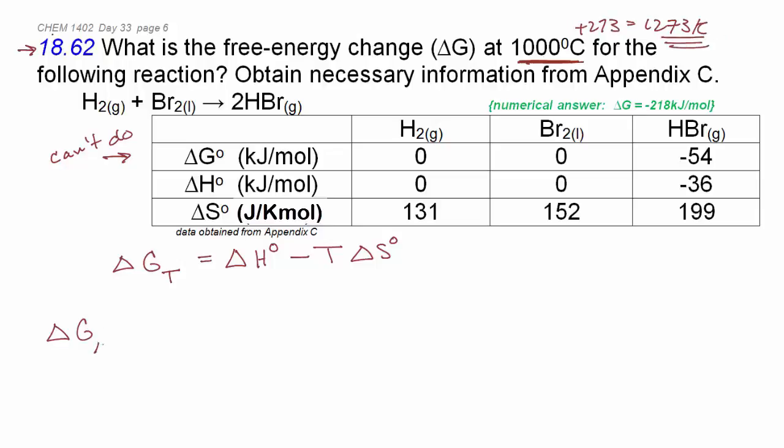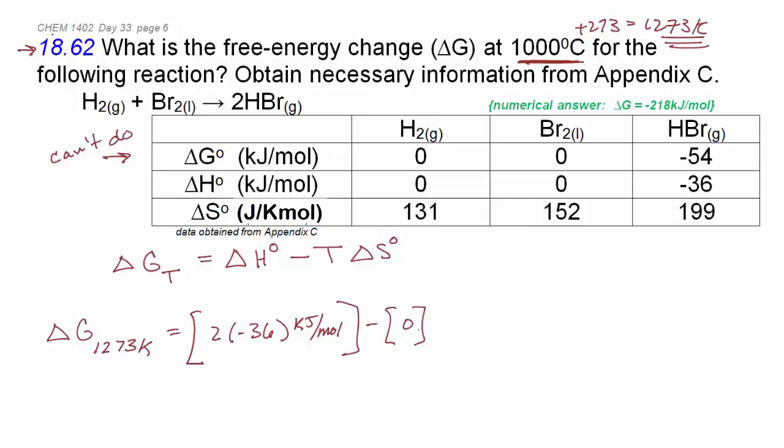So my delta G at 1273 Kelvin is going to be the standard change in enthalpy, products minus reactants. 2 times a negative 36 kilojoules per mole, minus my reactants, which are 0.